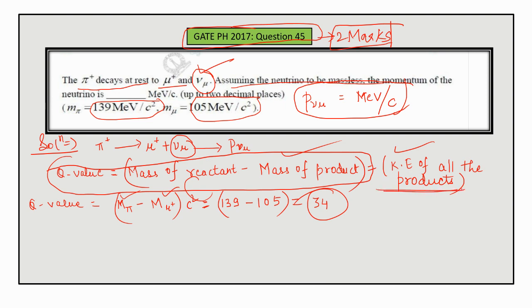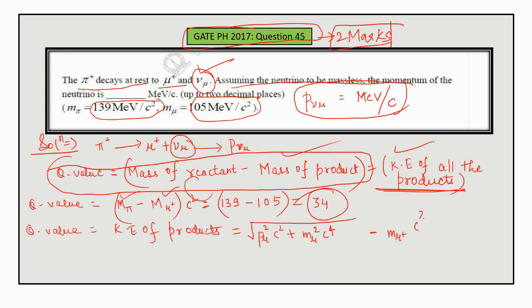Now I'll explore this part of the formula, where the Q value is equal to the kinetic energy of products. The kinetic energy of muon will be the square root of p square muon c square plus m mu c square whole squared, minus m mu c square.